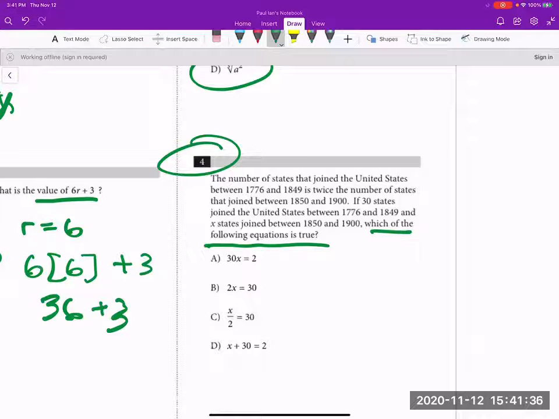So I think the things that matter here are: twice the number of states, and then if 30 states join. So they must be equal, because twice the number of states join between, and if 30 states join between this range of years, then they must be equal, right?